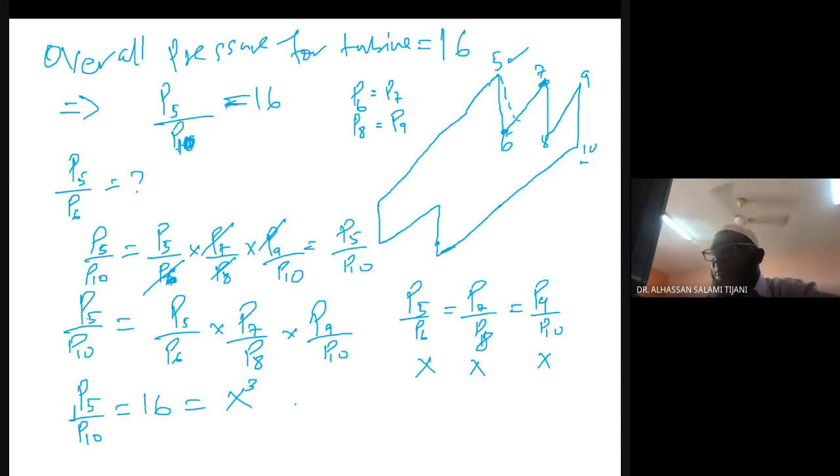So eventually x, which is the same as P5 over P6, equals the cube root of 16. Now we know the pressure ratio for the individual turbine is equal to the cube root of 16.